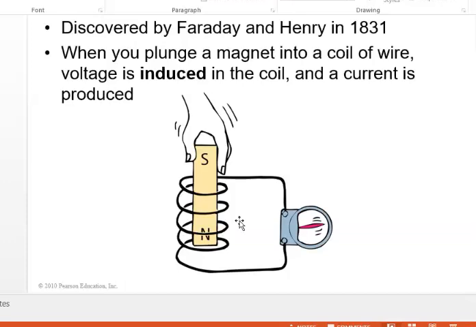So here the reverse principle works. In the previous case you have seen that when we supply electrical energy to an electric motor, it converts electrical energy into mechanical energy. Now we take just the reverse activity. We don't supply electrical current, but we supply mechanical energy.